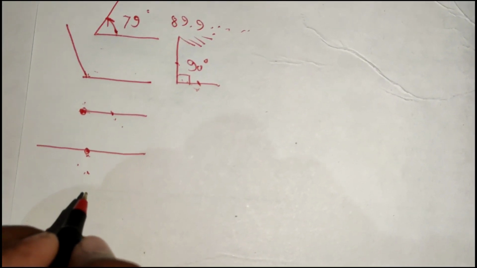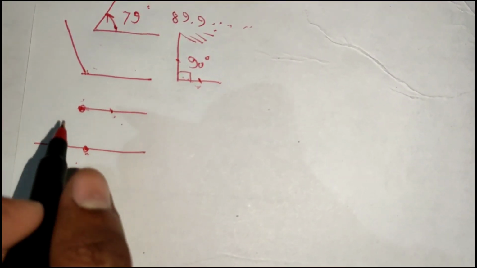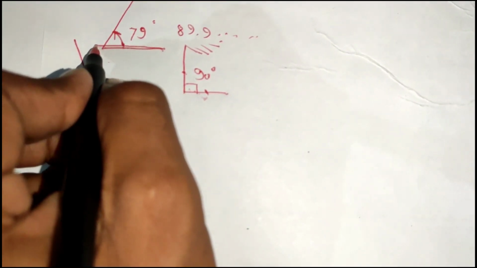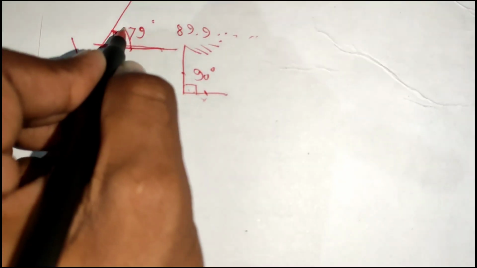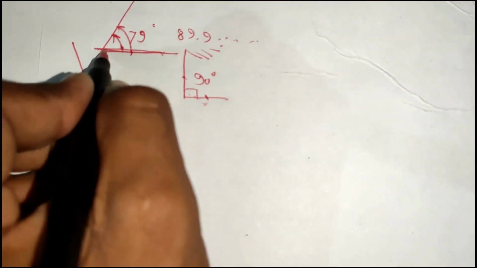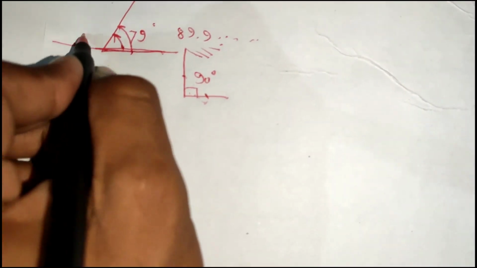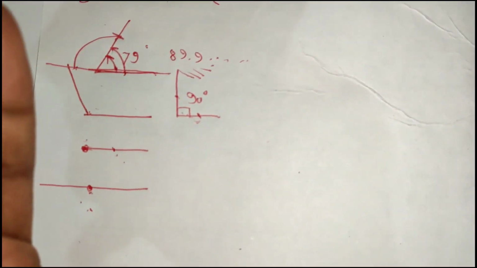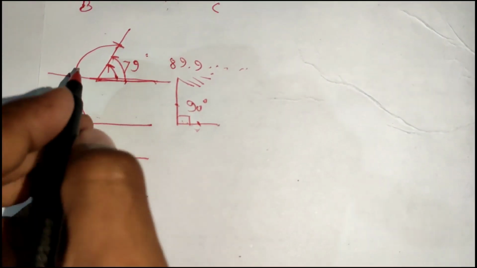Also, in most of the cases, we measure the angle in an anti-clockwise sense. What do I mean by this? We mean that if this is the line, the inclination is measured in this direction. There's a possibility that you can measure this angle in this direction also, and we will get a different angle, but both of them are the same.